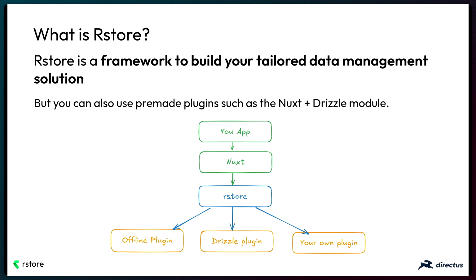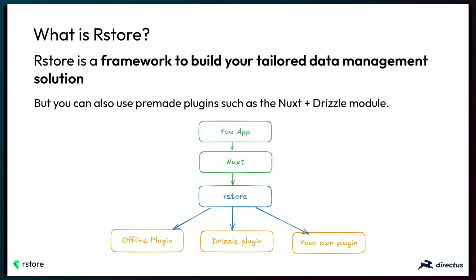That's the first thing I did, because I really wanted it to be really flexible and be usable in any kind of application or use case. Here's an example of an application with Next, and you can see that when you use rstore, most of the time you're going to use plugins for rstore too. rstore by itself doesn't do any fetching. It's all done in plugins.